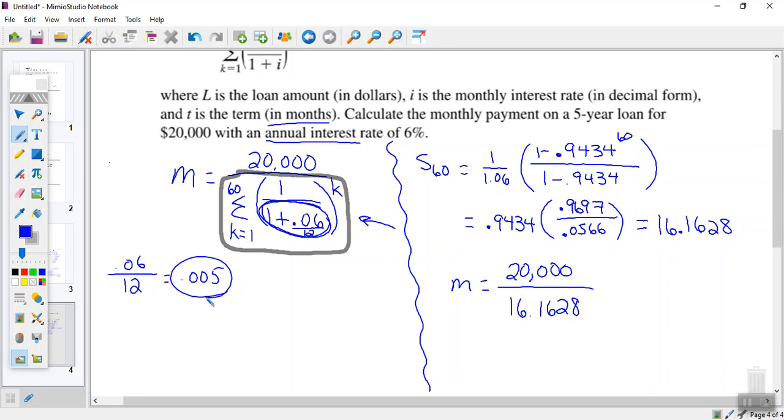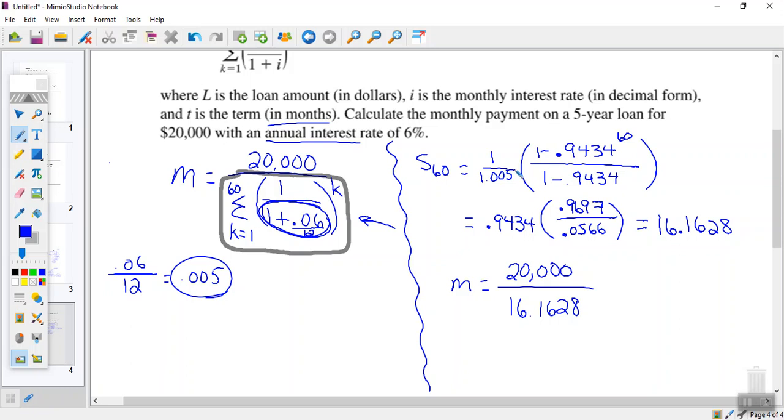Okay, so see where this 1.06 is, kids? This 1.06 should be 1.005. See how we use this number the same as these in here? We're going to change all of those.